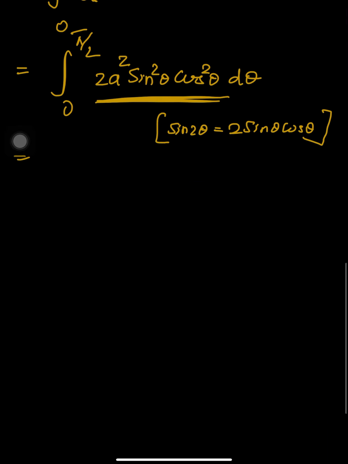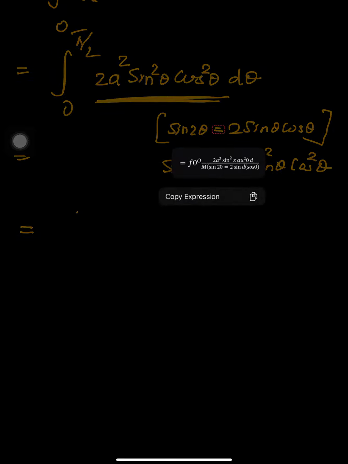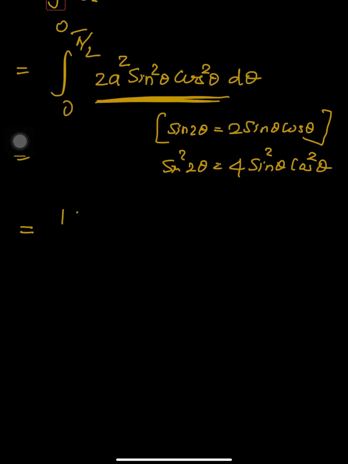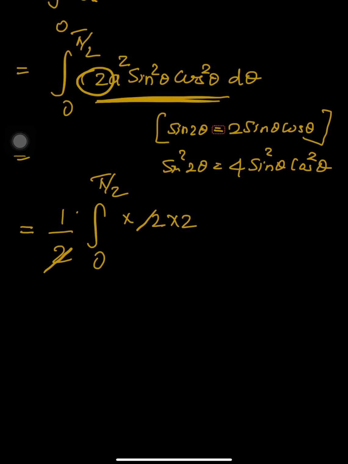So sin squared 2 theta is 4 sin square theta cos square theta. So you need 4 here. So what you can do is put a half in front, and you can add another 2 here, which means it's not going to change anything, right? So 2 into, already there is 2, a squared sin square theta cos square theta d theta.